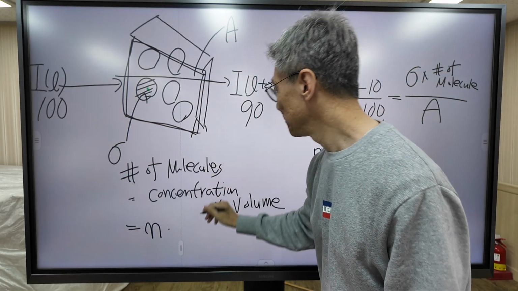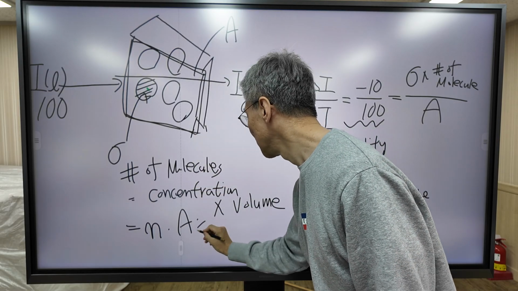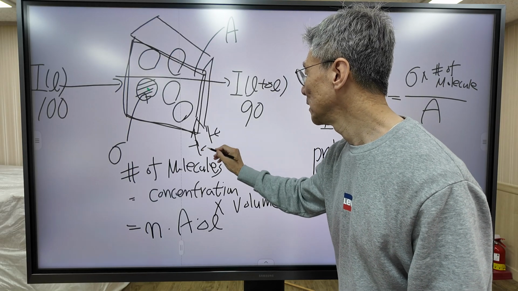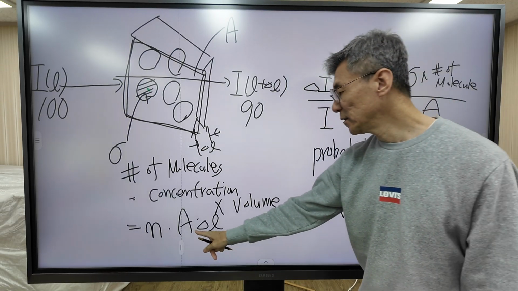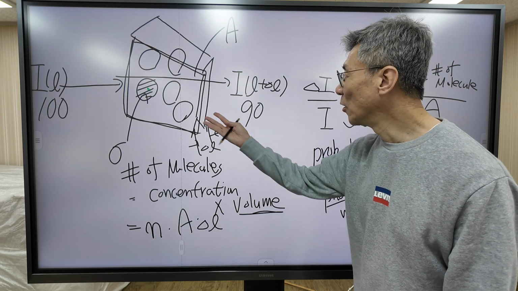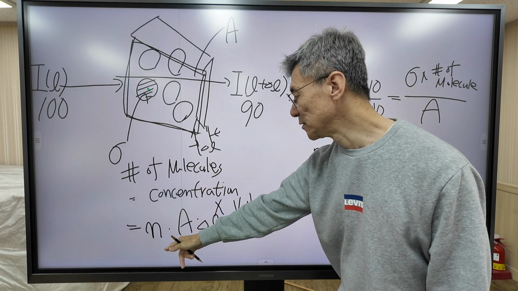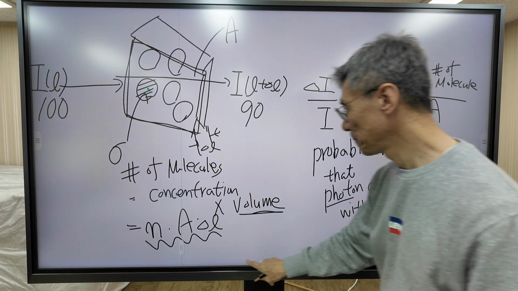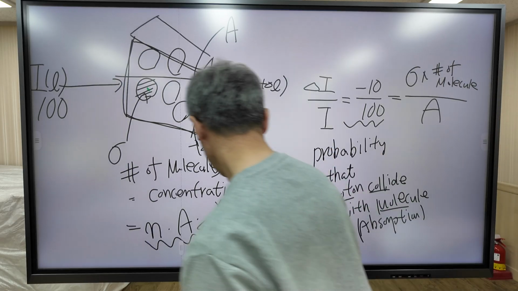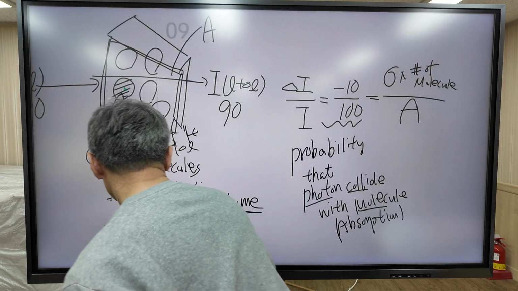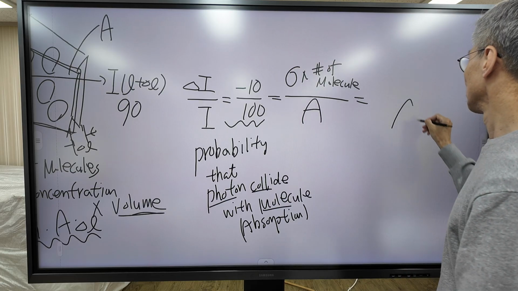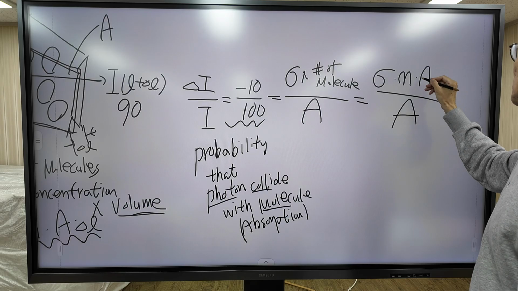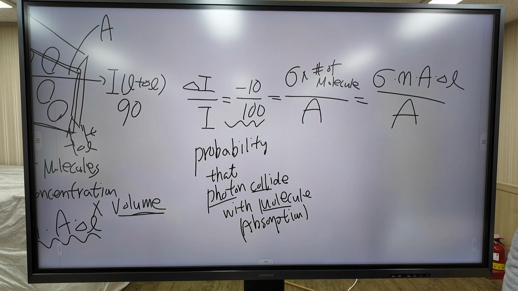The area is A, and the thickness of the slab is delta L. So A times delta L is the volume of this slab. N is the concentration. So this is the total number of molecules in the slab. So this is our equation.